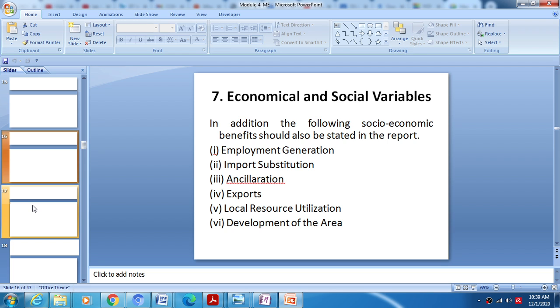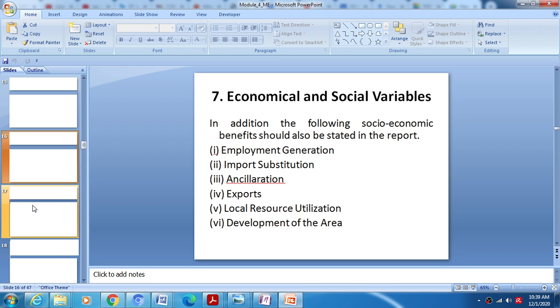The next one is local resource utilization. When you start up a project, when you plan for producing a product, you require raw materials. And if the raw materials are locally available, then even the individuals who are producing those raw materials will be benefited.